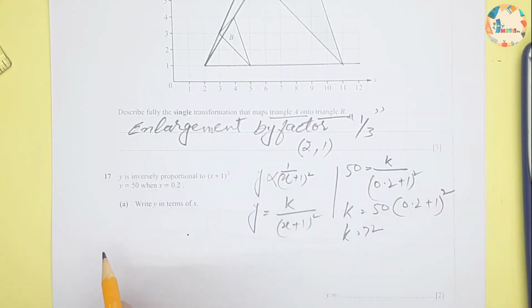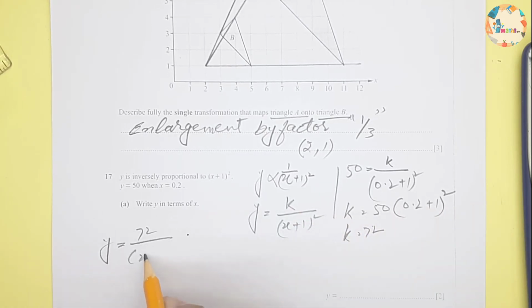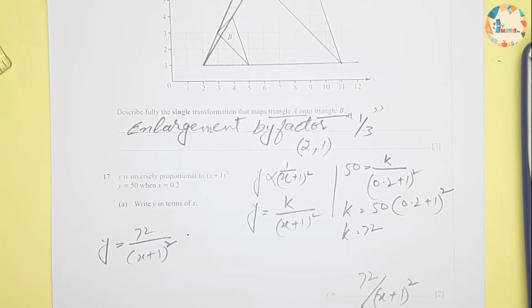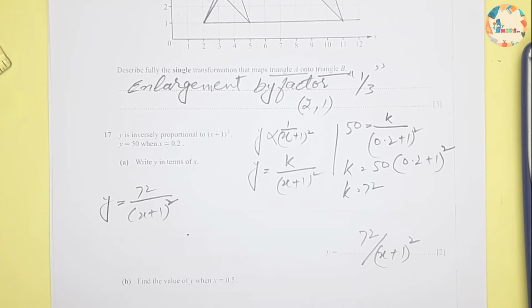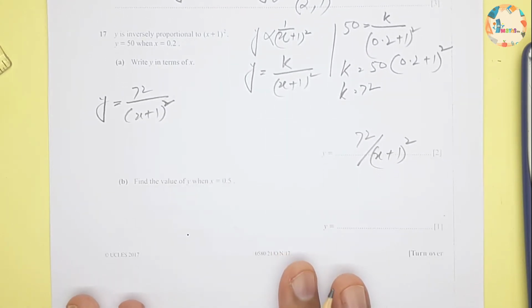Now our equation will become y is equal to 72 over (x plus 1) squared, and so y in terms of x is 72 over (x plus 1) whole squared. Then they are asking to find the value of y when x is equal to 0.5.